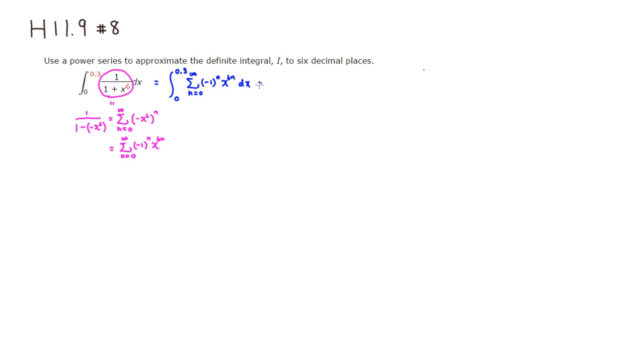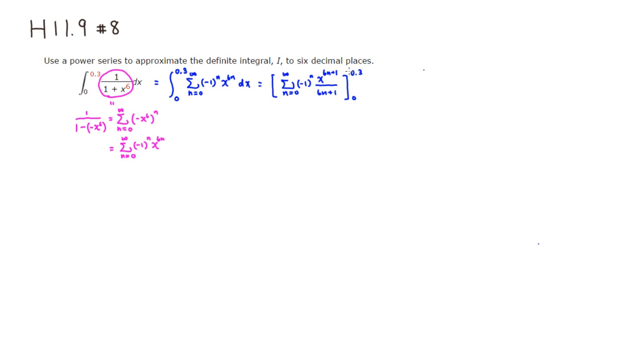If you find the antiderivative, negative 1 to the n is just a number, so leave it there. The antiderivative of x to the 6n would be x to the 6n plus 1 divided by 6n plus 1, going from 0 to 0.3.